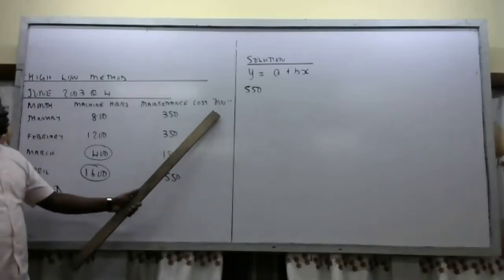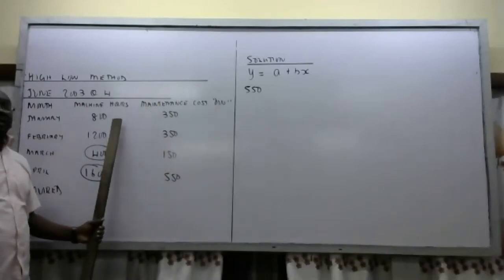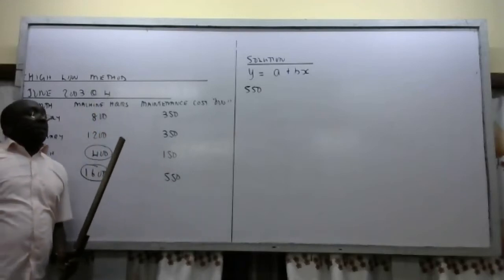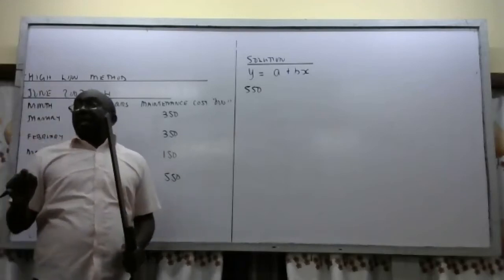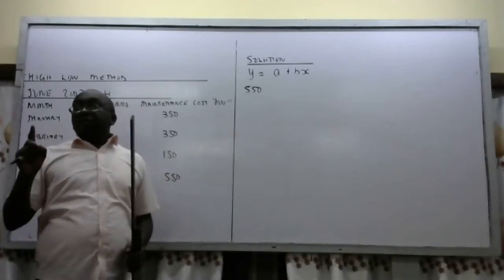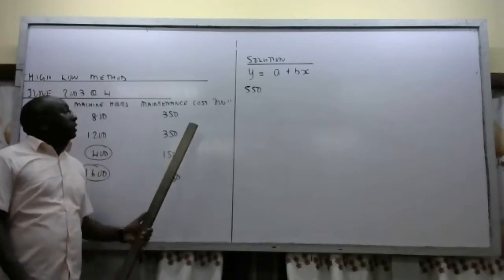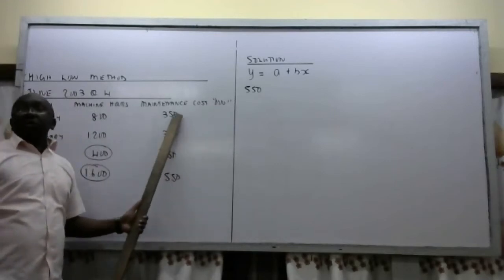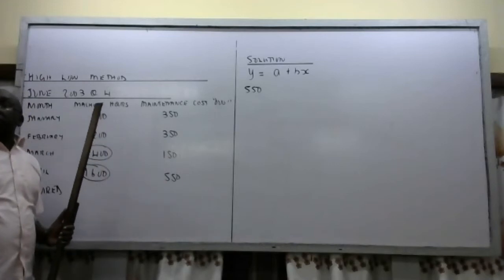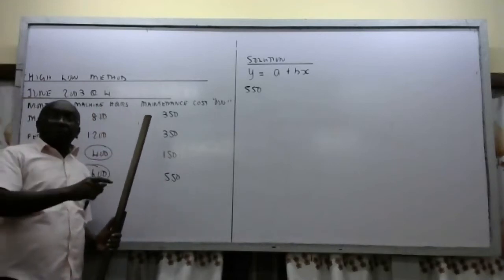You can see these ones are in thousands, and these ones are not in thousands. When you're developing an equation, you must ensure that data is of the same form. Either you restore the zeros here, or you go back and remove the zeros there. But the data should be the same form.